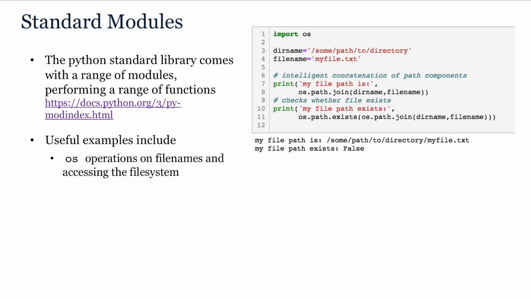However, at this stage it may also be worth highlighting some of the standard modules that come with the Python package. These include the os module, which performs operations on file names and allows accessing of the file system. For example, you can use it to create full paths combining directories and individual path names and check whether files exist.